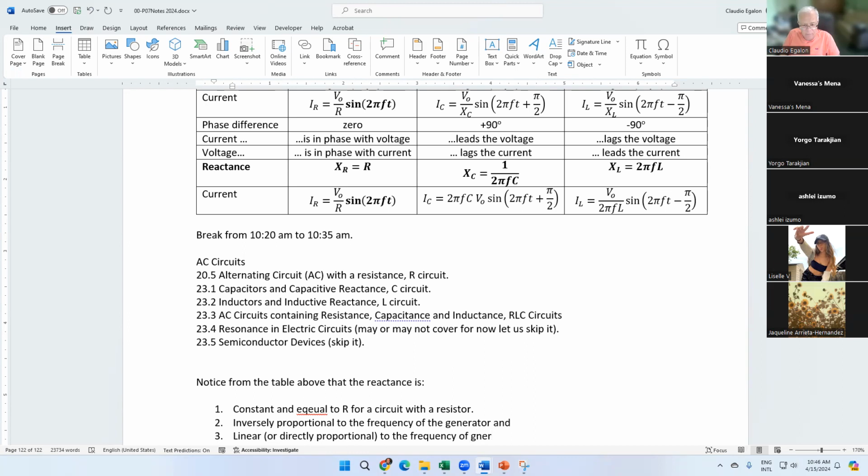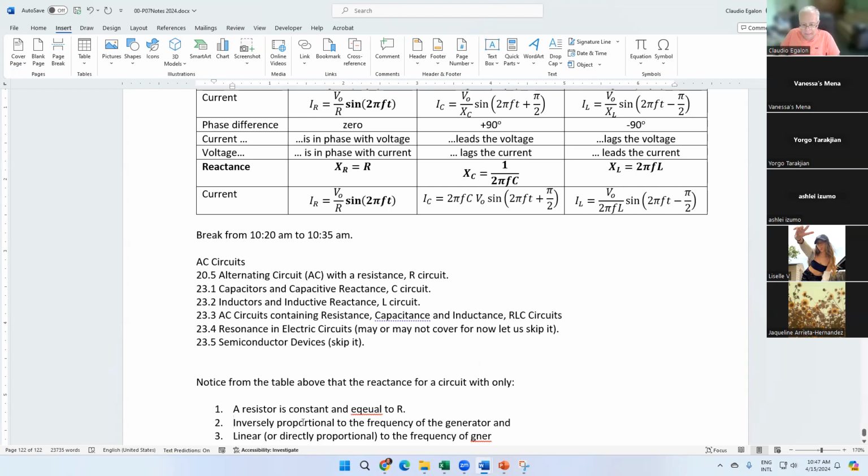Let's see, notice that the reactance for a circuit with a resistor is constant, equal to R. Okay, let's put it this way. For a circuit with only, and I'm going to emphasize only, a resistor, it is constant.